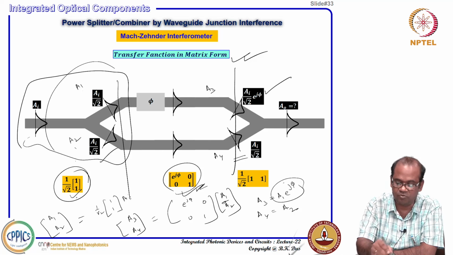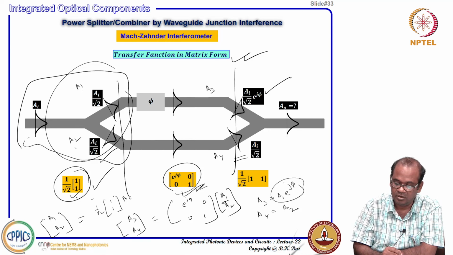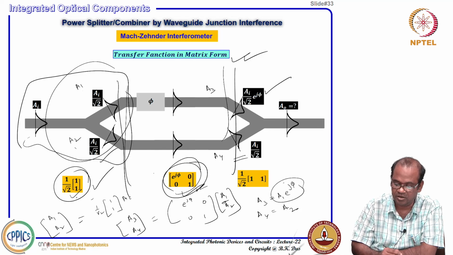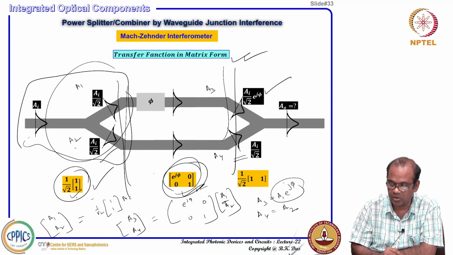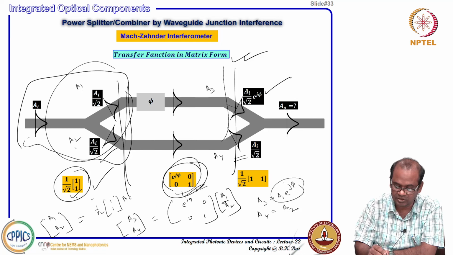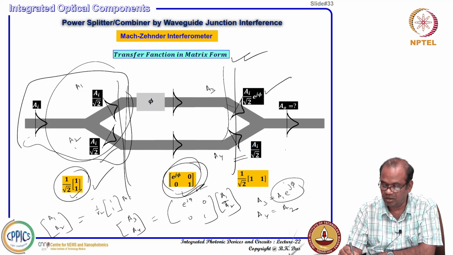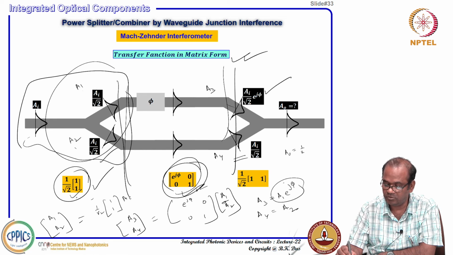So, first the Y junction has one transfer matrix, and then, because of this phase shifter, the second one is the phase shifter transfer function, and then another Y junction, which instead of a row matrix will be just a column matrix, because you are adding these two. So that means A_o should be equal to 1 by root 2 times 1 1, and then A by root 2, A by root 2.